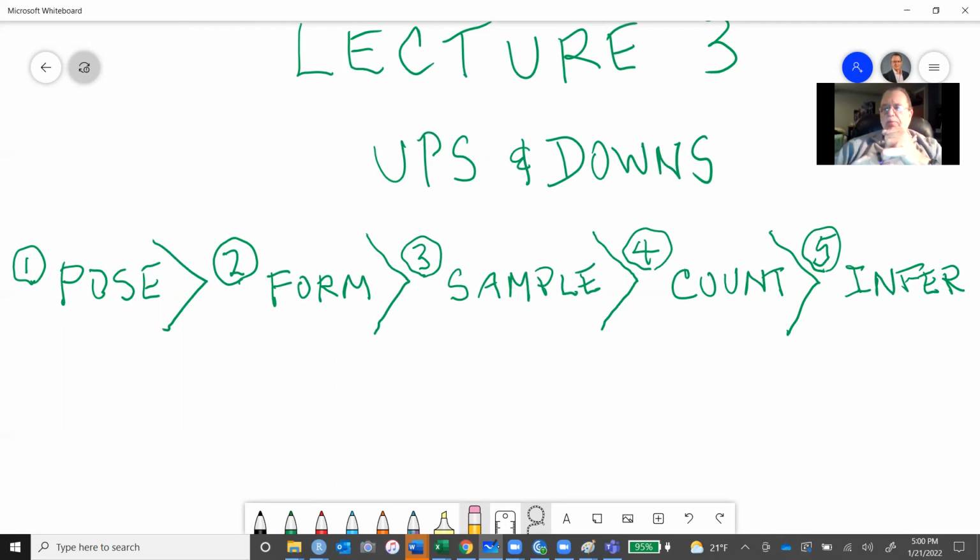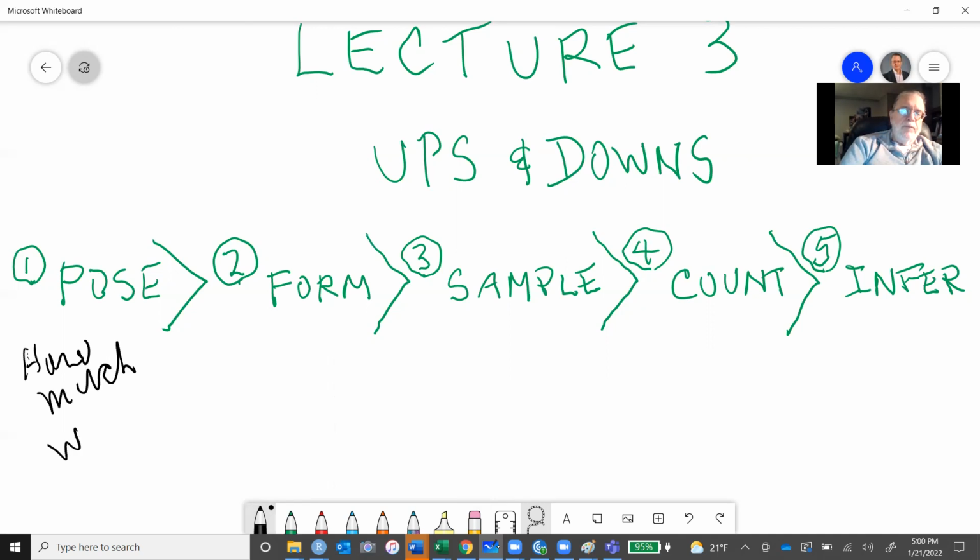So we posed a question, and the question, remember, was literally how much water. We tossed a make-believe world around as a beach ball that's actually almost ellipsoid, and wherever our right thumb touched water, we recorded that as a 1.